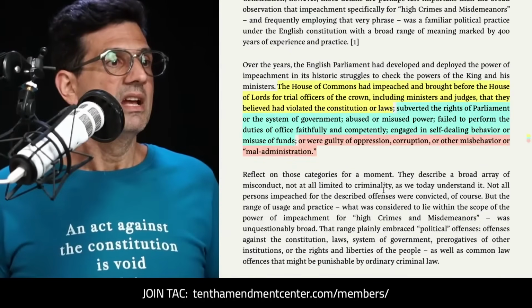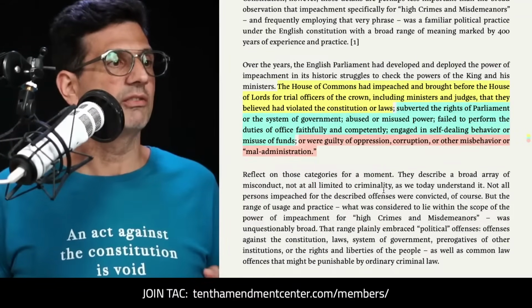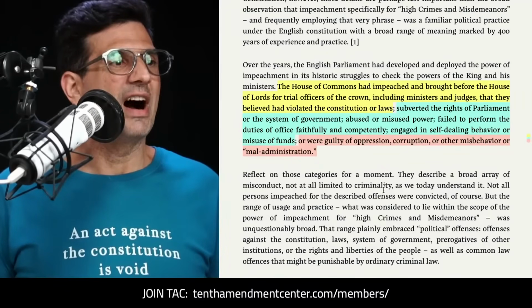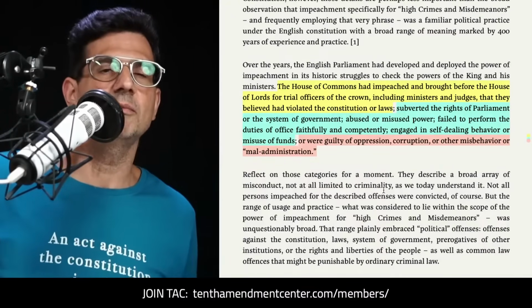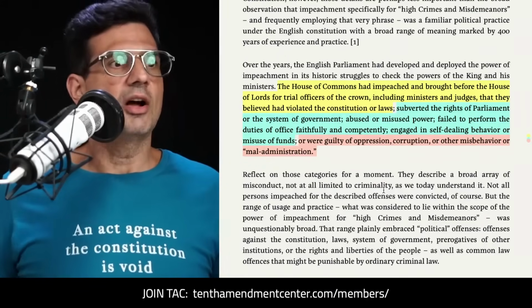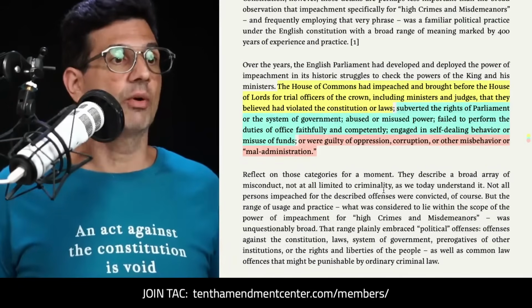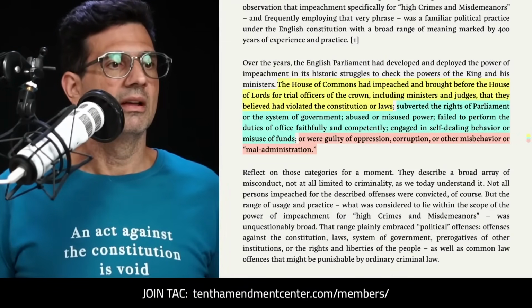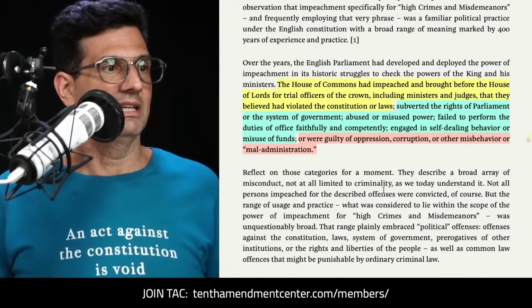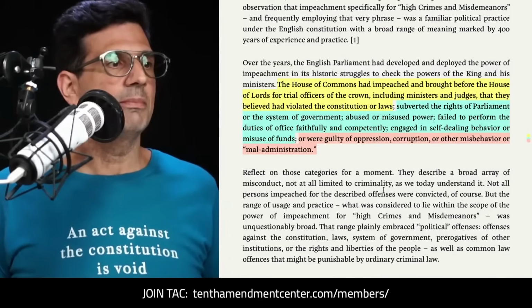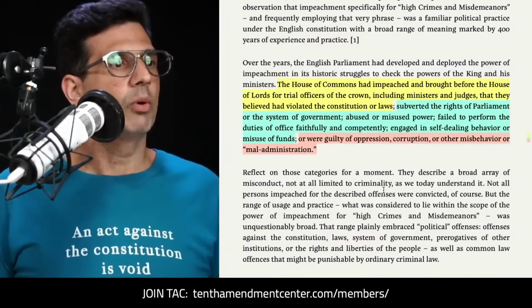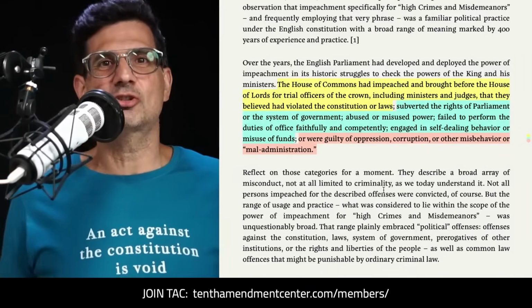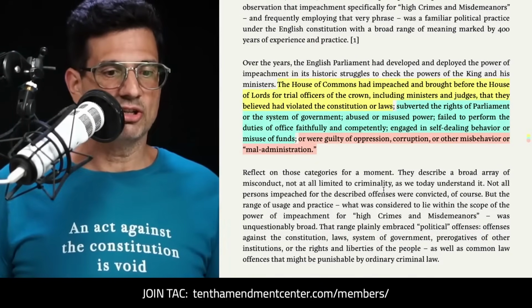And Paulson puts it like this: the House of Commons had impeached and brought before the House of Lords for trial officers of the Crown, including ministers and judges, that they believed had violated the Constitution or laws, so violating even the unwritten British system could get you impeached, or subverted the rights of Parliament or the system of government, abused or misused power, failed to perform the duties of office faithfully and competently, engaged in self-dealing behavior or misuse of funds, or were guilty of oppression, corruption, or other misbehavior or maladministration. Maladministration is a very important term when it comes to the founding generation as well.